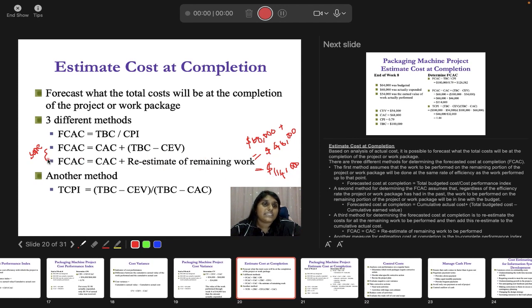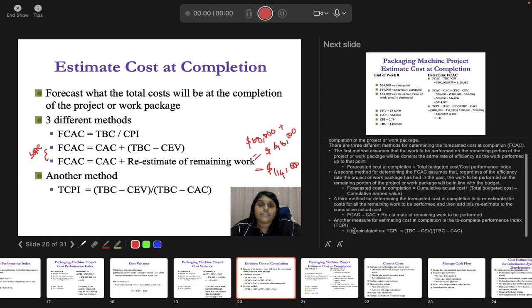So that means in this approach you will figure out that the forecasted total cost, the estimated cost at completion, is going to be 114,000 as well. And then you have the last method, which is to estimate costs at completion using the to-complete performance index.